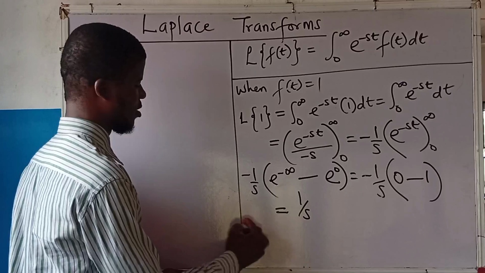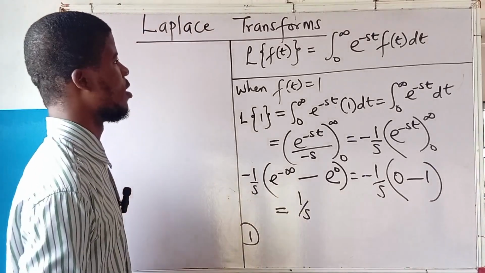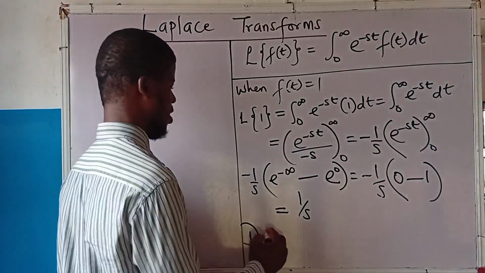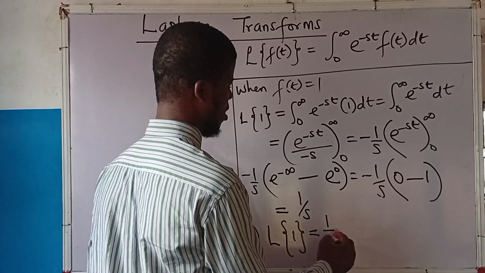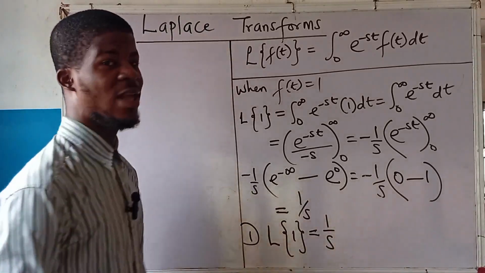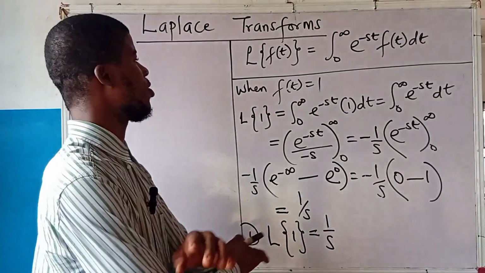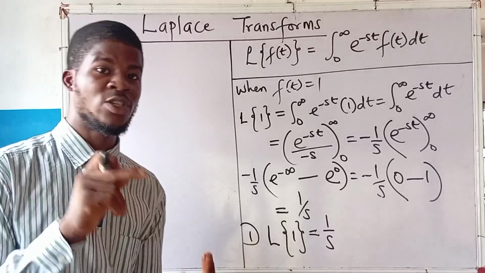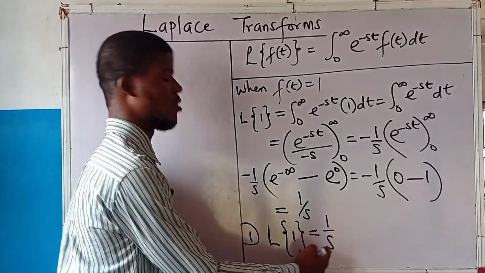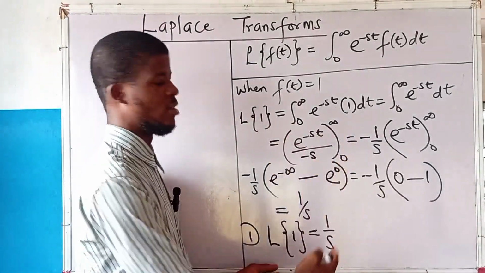So the first Laplace transform that we've gotten is that the Laplace transform of 1 is actually 1 over s. And the Laplace transform of a constant, for any constant, let's say k, of course, the Laplace transform of 2 will be 2 over s. For 3, it's still 3 over s.